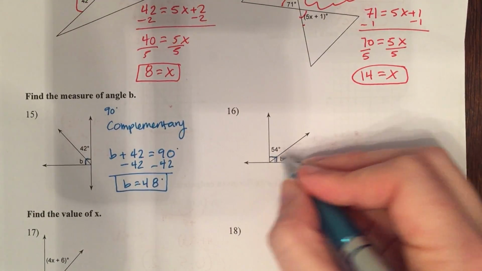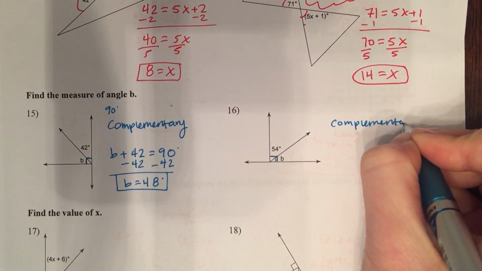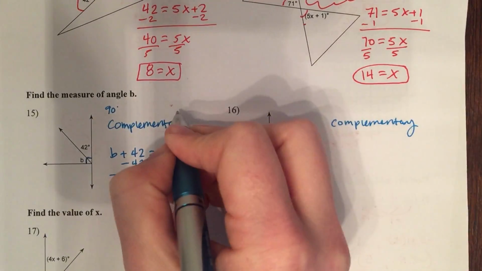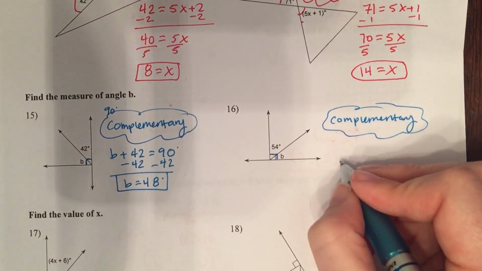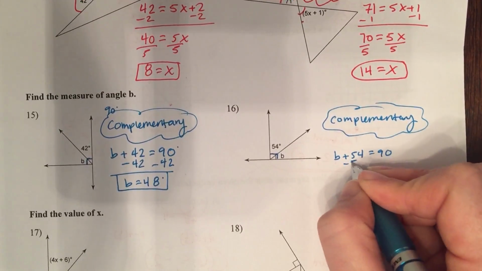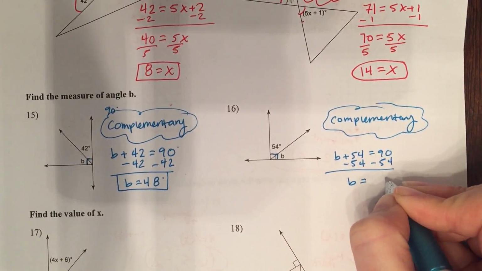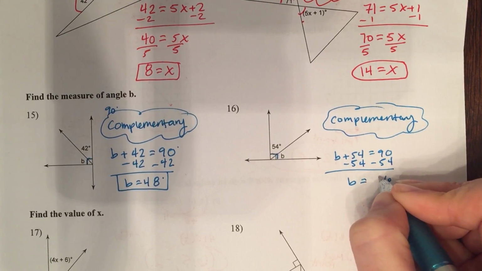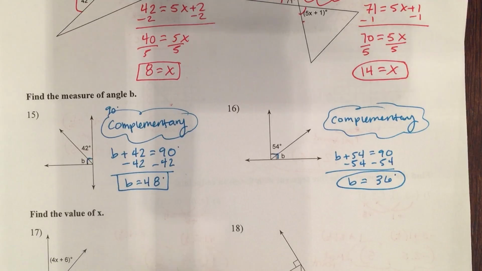Same thing, I see this little box, identify it as complementary. Complementary means that it will be equal to 90 degrees when I put them together. Minus 54. That missing angle is 36 degrees.